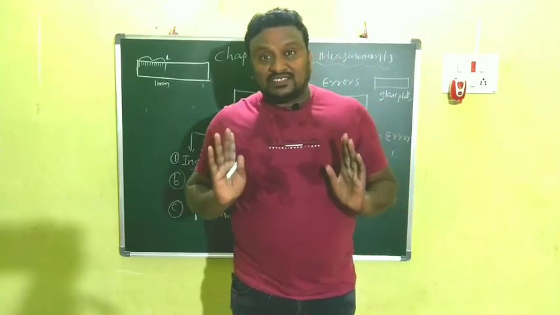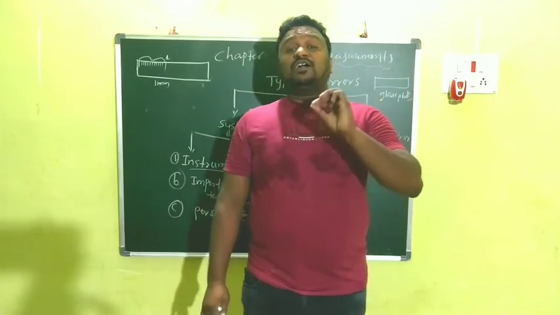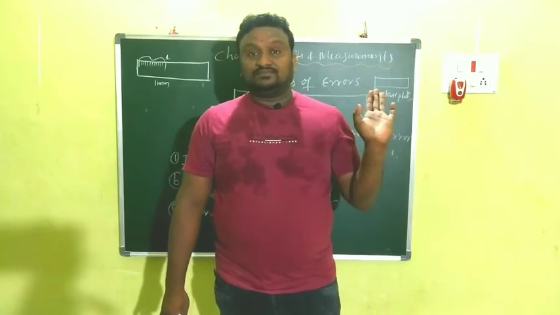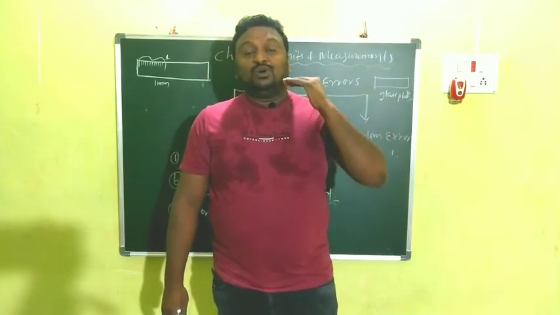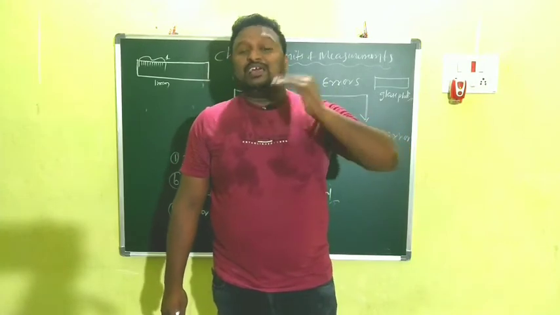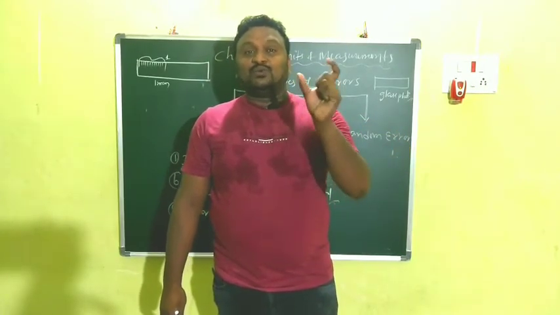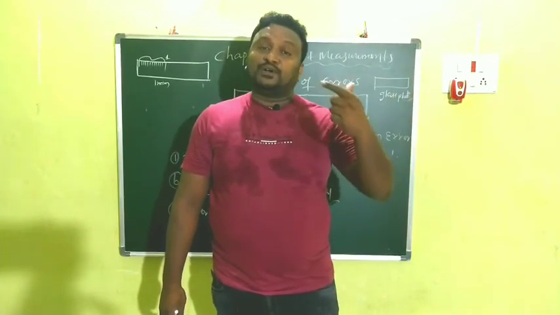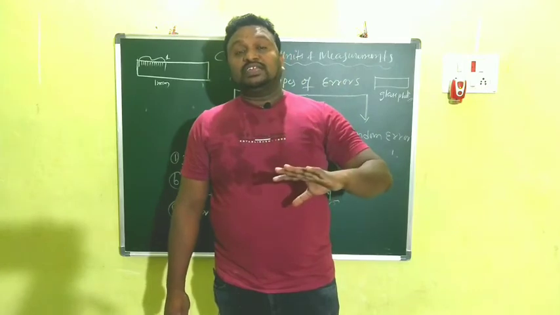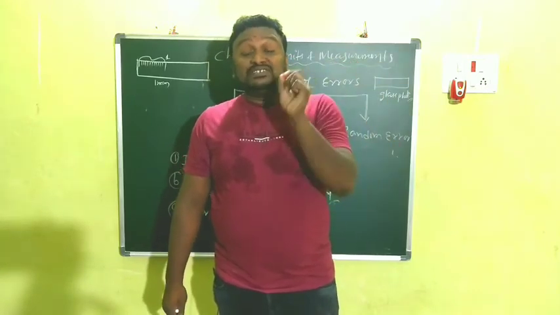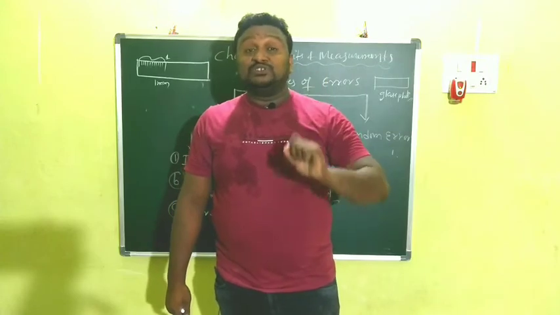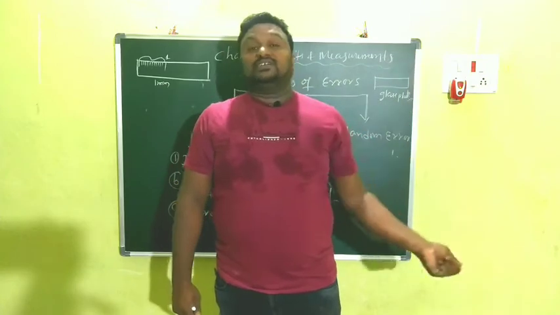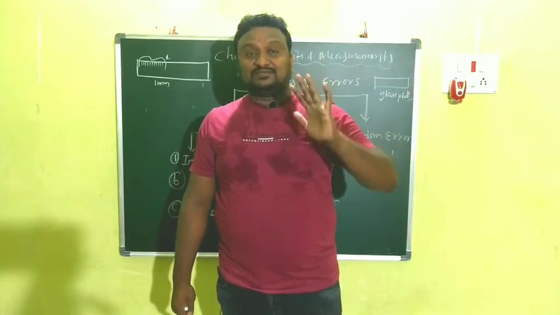Systematic errors are the errors which occur in only one direction, either positive or negative. The best example is the errors in vernier calipers and screw gauge.